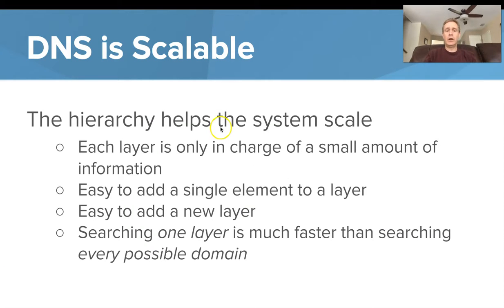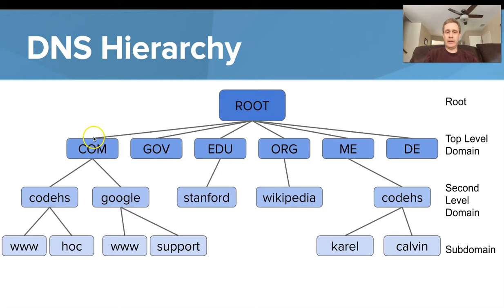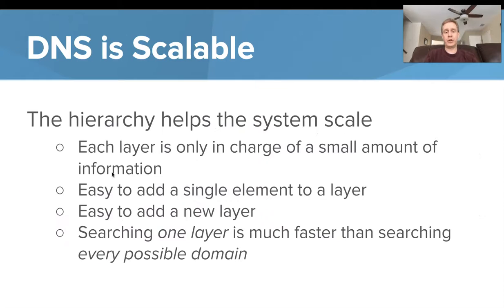Because each layer is only in charge of a small amount of information. Because again, the .com server only knew information about these servers within the second level domain. It doesn't know anything about these servers here. Only within .com does it know those particular IP addresses to those servers.